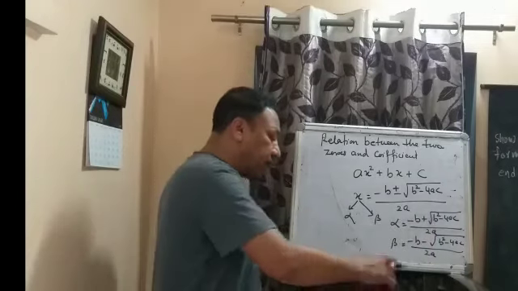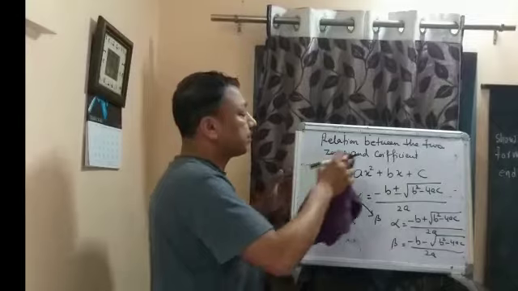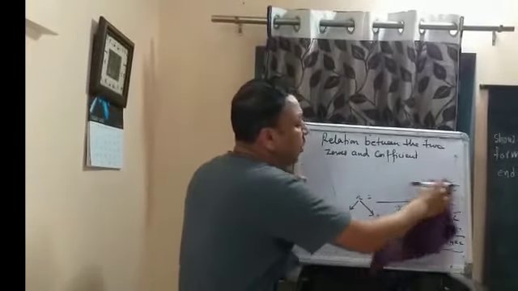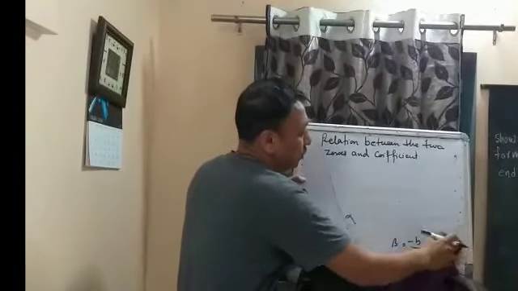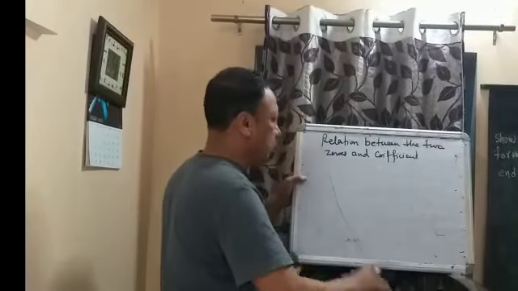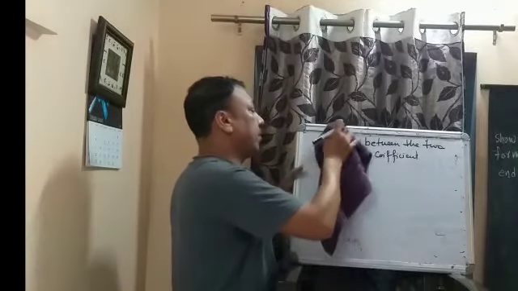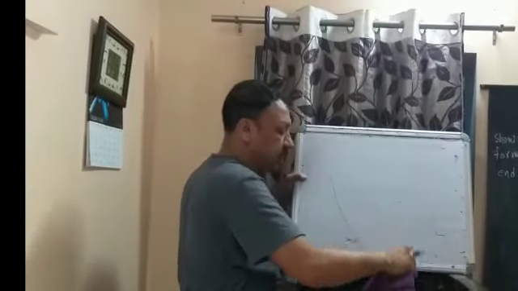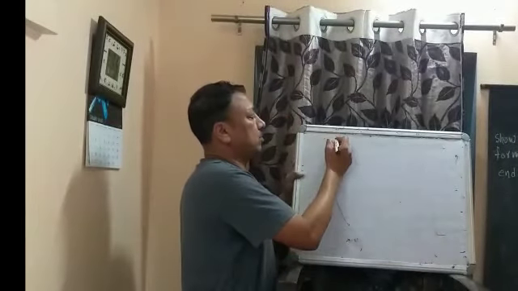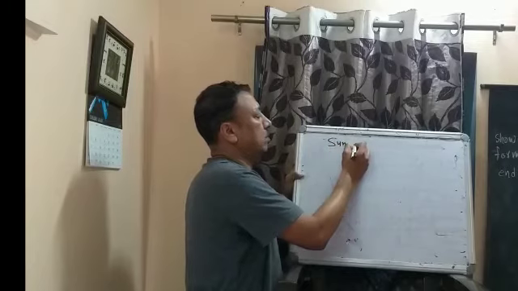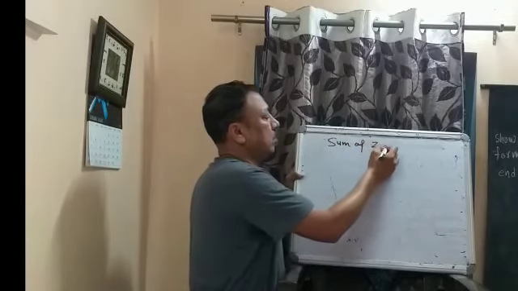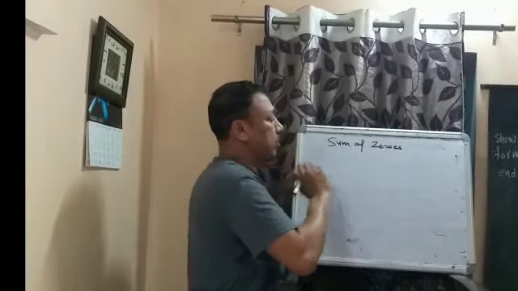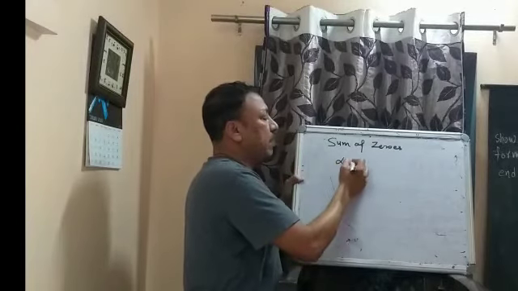So there are two conditions with which we go. First is the sum of zeros. So let us see which relation we get for the sum of zeros. Sum of zeros means alpha plus beta.